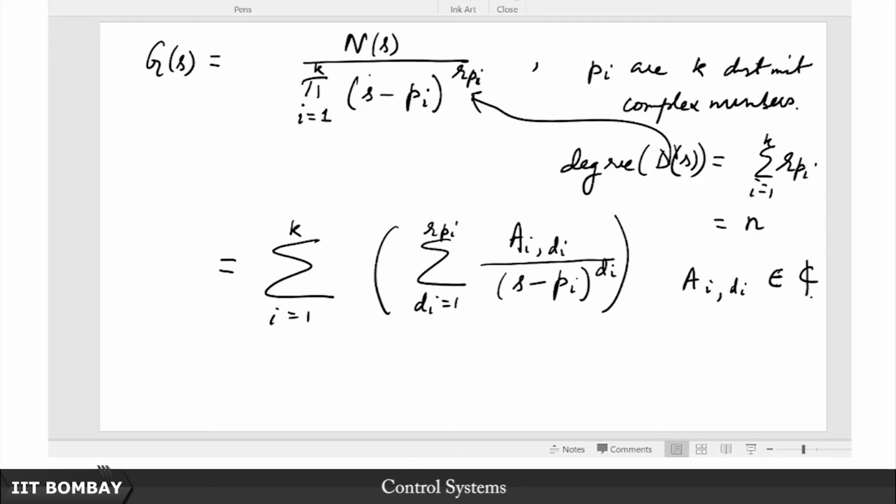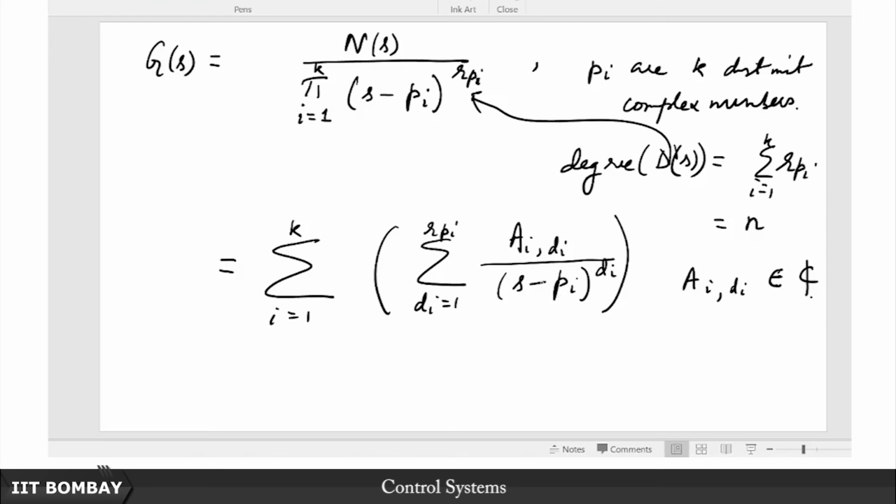What we are saying in other words through this expression is that you will get k such terms. The first summation says that you will get k such terms, and each of those terms is related to one of those distinct poles. Now if you consider each of those distinct poles again, they can further be expanded.